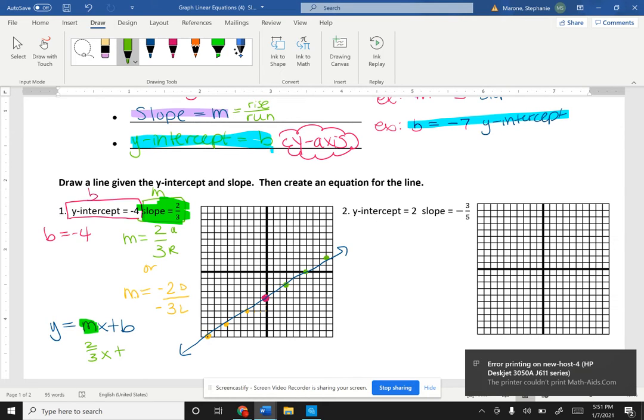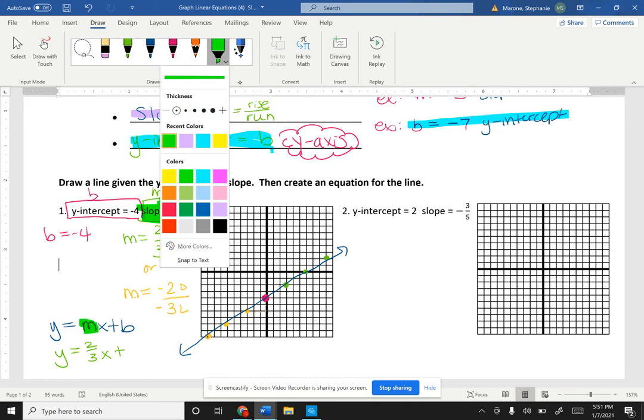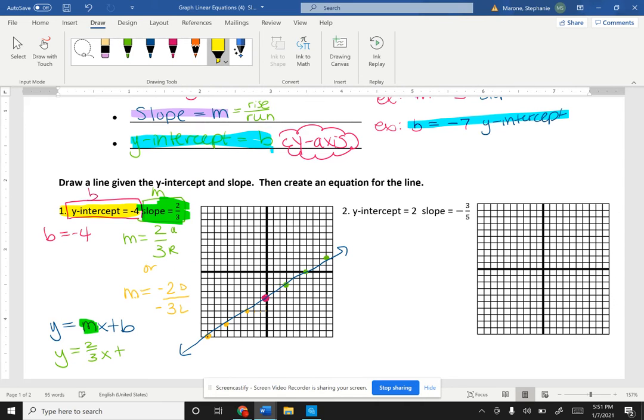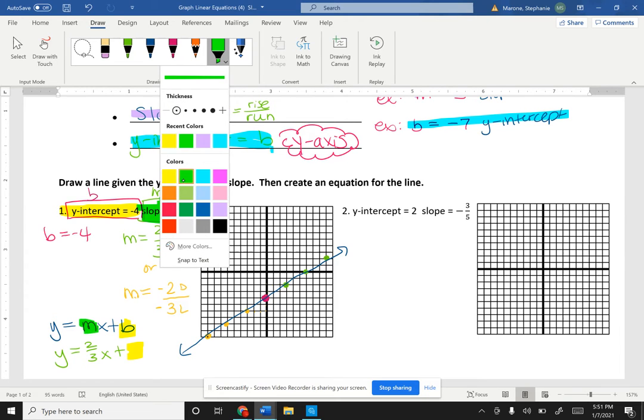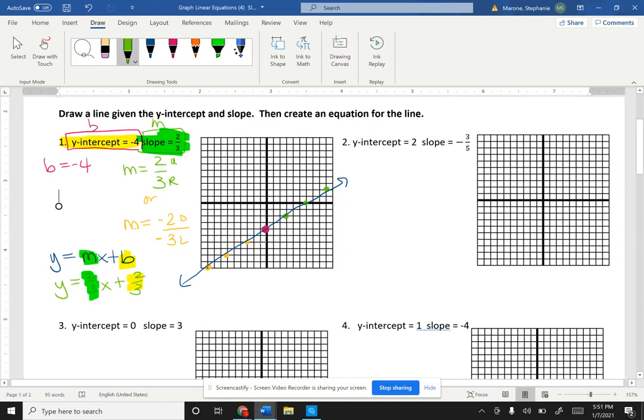My computer had an error printing. So y is equal to the slope, which is 2/3, x plus b, which is the y-intercept. Oh my goodness.